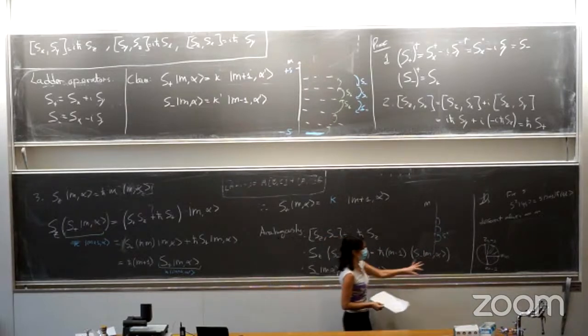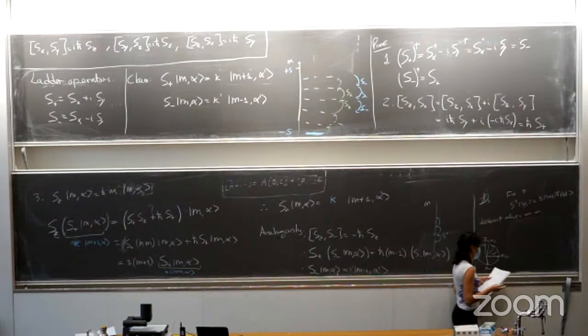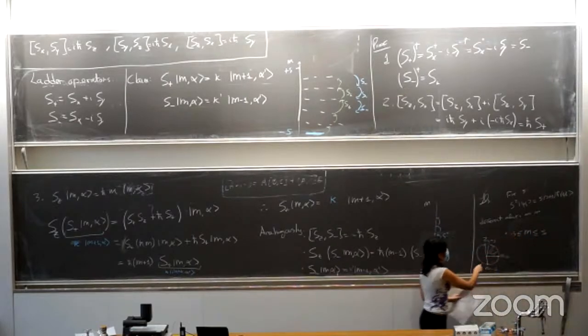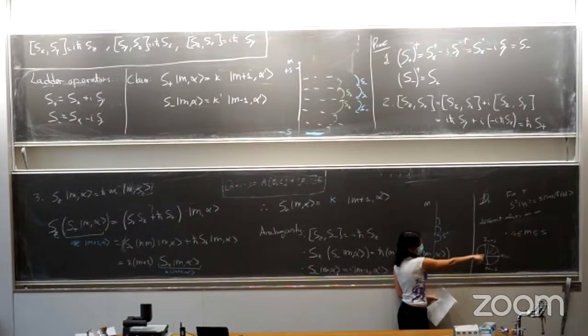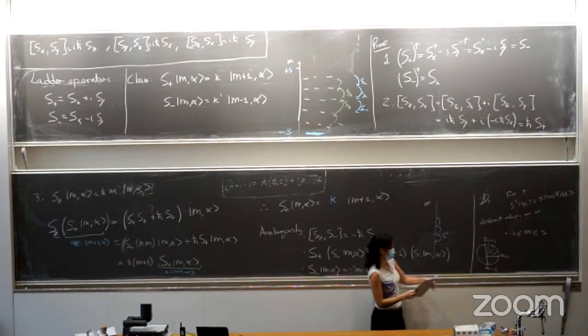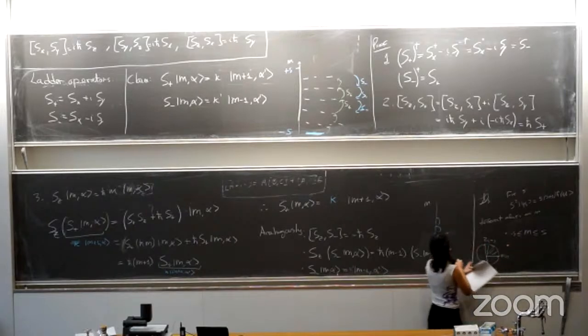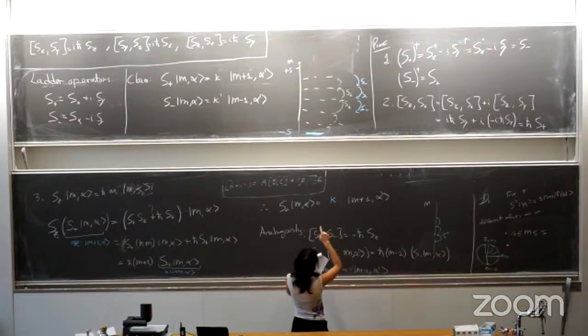Now, in the next lecture, we'll bound this vertically and horizontally, meaning we'll find that m can only take values in this interval, just like in the classical case. And we'll find that horizontally, they all have the same number.